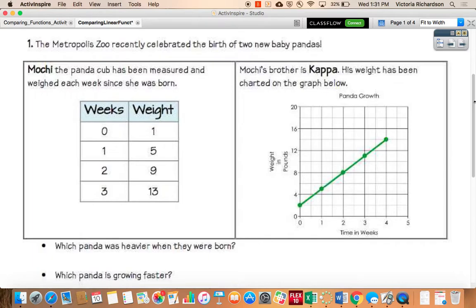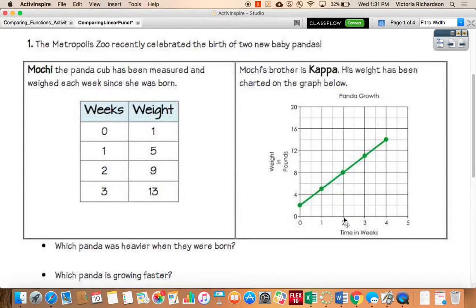Now, Mochi's brother is Kappa, and his weight has been charted on the graph. So we can look at the graph, and if we look here, this is 0, and 0 is on this point right here, which is between 0 and 4, which is about 2. And then this is at 1 week. At 1 week, the panda was about, I would say, 5 pounds.